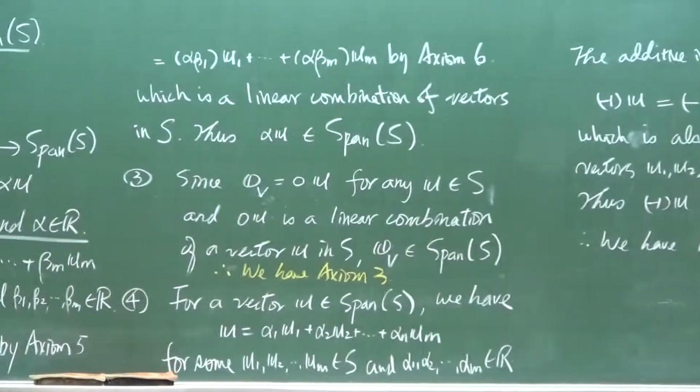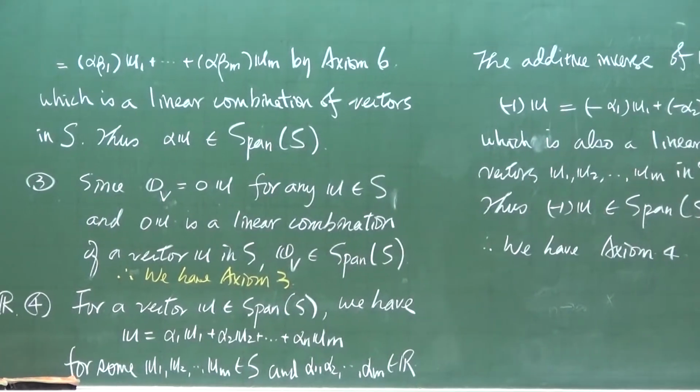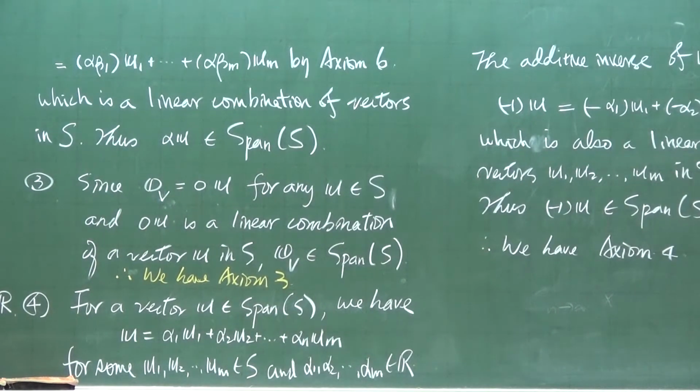Axiom 4 is about the existence of additive inverse. Right? So we have that.